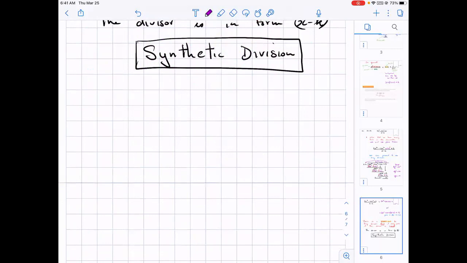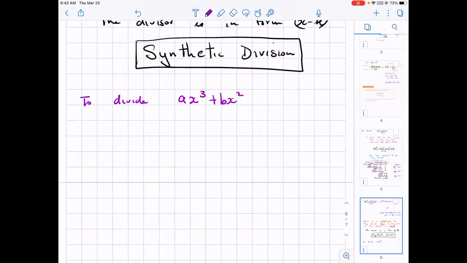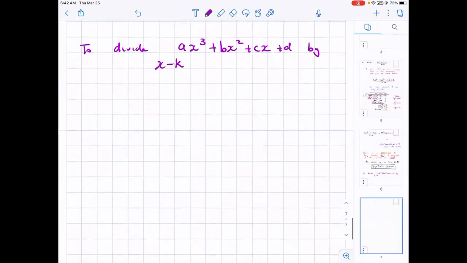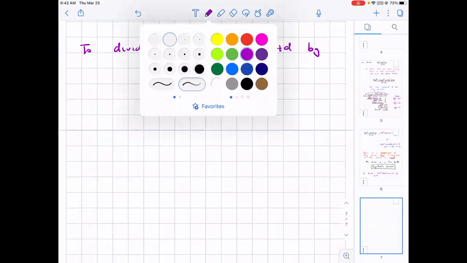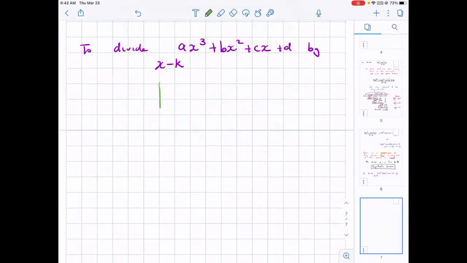To divide, let's say, ax cubed plus bx squared plus cx plus d by x minus k. So what we do here, notice how we draw the box now, right? The box is drawn this way.